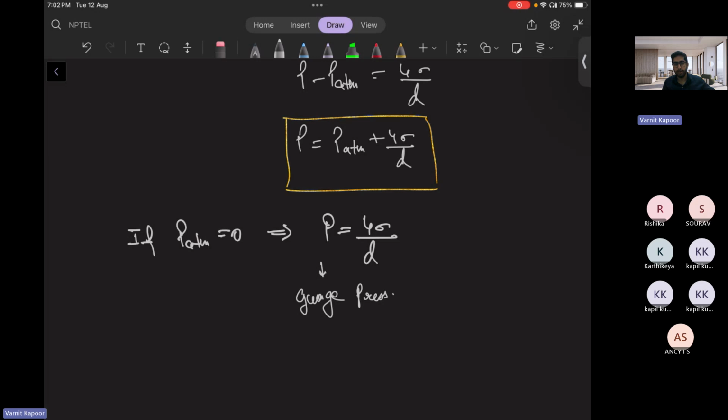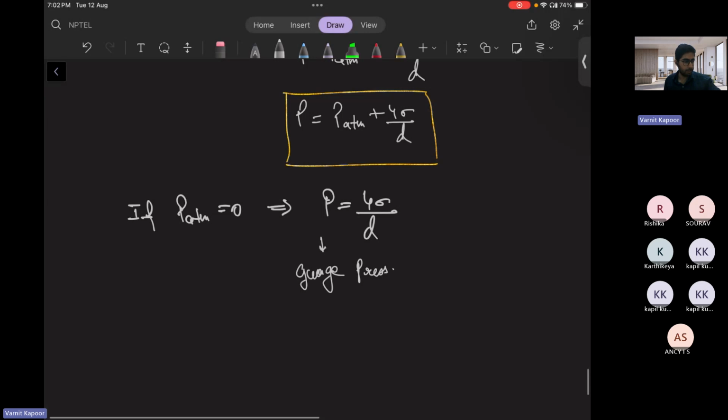If you are in Mumbai, it is very close to the sea, where atmospheric pressure is higher compared to Delhi or Jammu and Kashmir or Himachal, because you are very high above sea level. That is why we generally deal in terms of gauge. We calibrate our systems in the labs so that the atmospheric pressure is as per that condition, and then we get the value of the gauge pressure. That's why gauge pressure is very important.